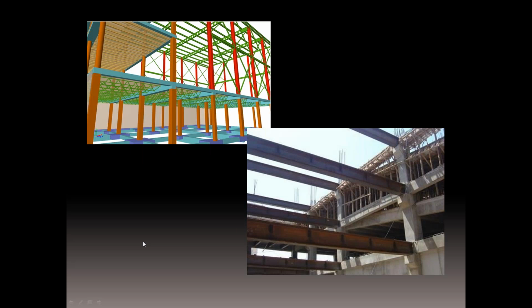Talking about composite structures, we understand the concept, in this case, for buildings that have parts in reinforced concrete and some parts in steel.